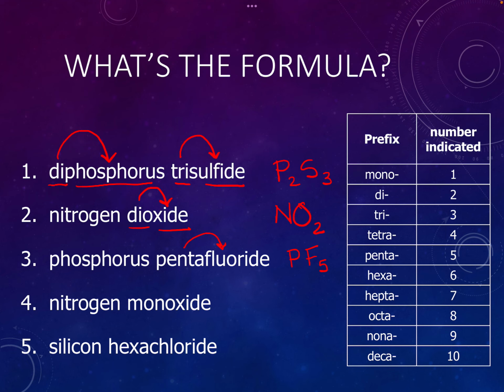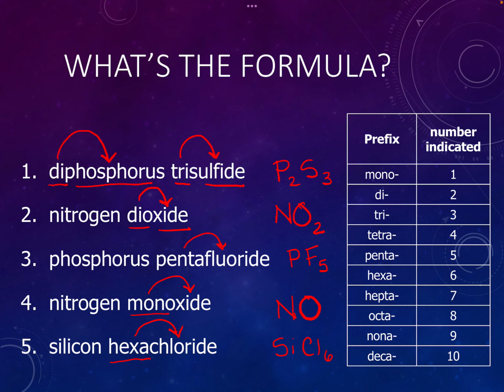No prefix on nitrogen, so that's just nitrogen. And then mono tells us there's just 1 oxygen. So there you go. On this last one, again, no prefix on silicon, so it's just Si. And then hexa tells us there's 6 chlorines. So it's Cl6.